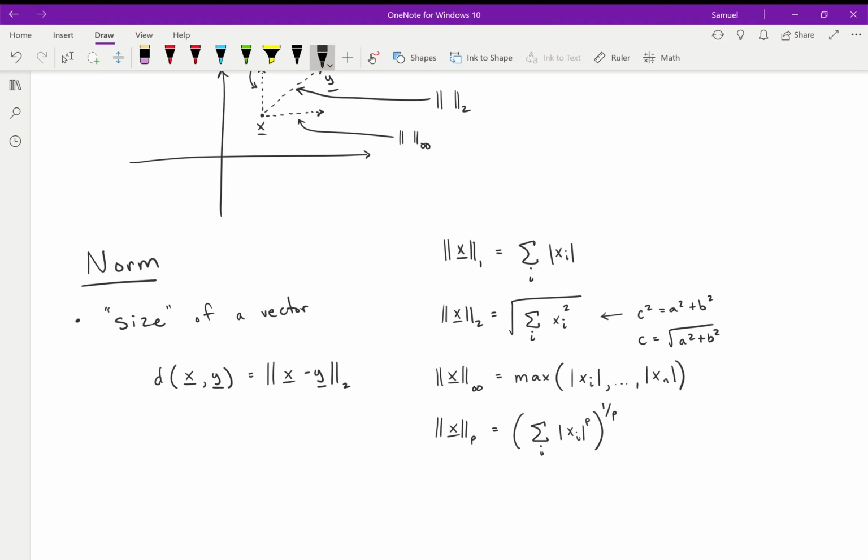So that's where our square root comes from in the L2 norm. That's the general formula. And you can convince yourself that as p moves toward infinity, you're going to get this maximum, because the largest component is going to dominate, and that's why we just take the maximum for the infinity norm. So these are the pretty standard norms that you would talk about.